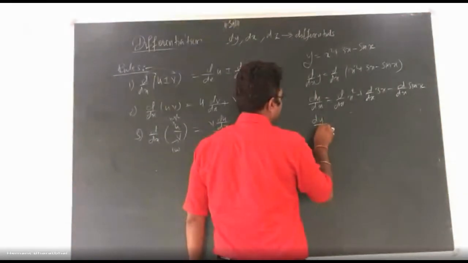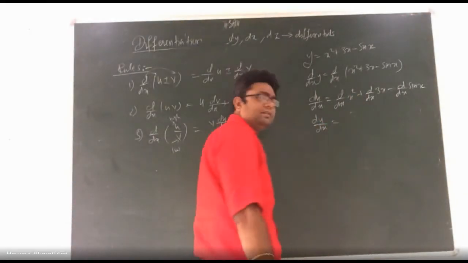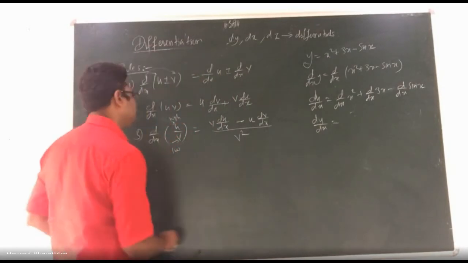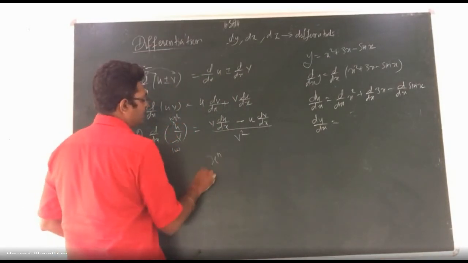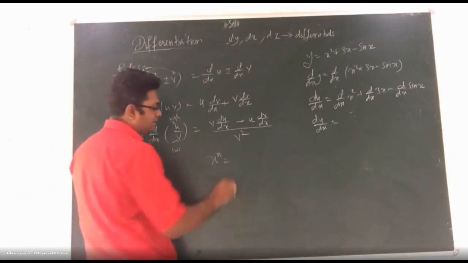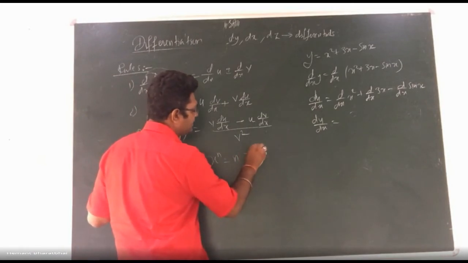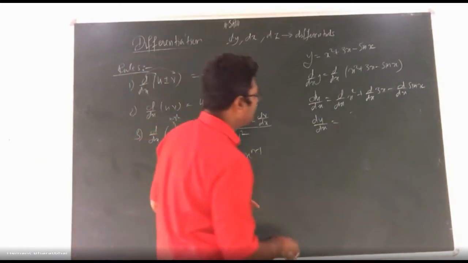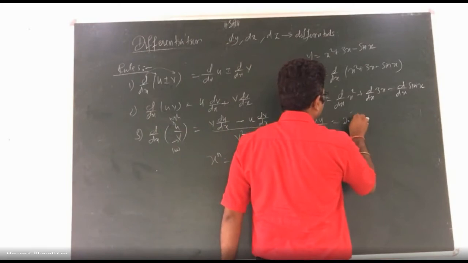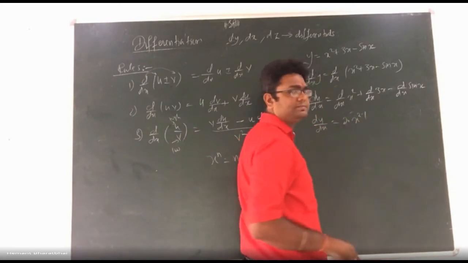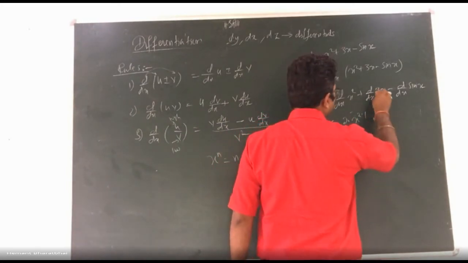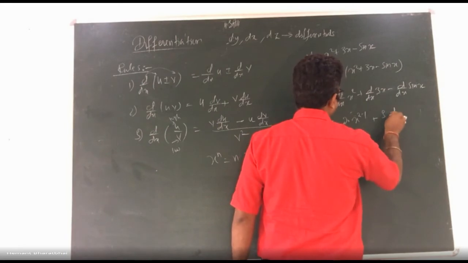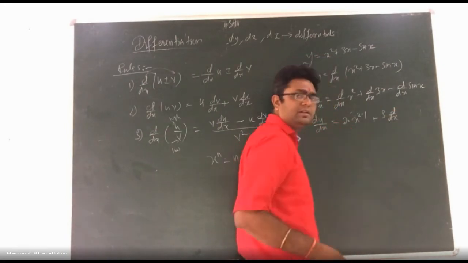Therefore, I'll get dy/dx is equal to the derivative of x squared. So it falls into the formula x raised to n. The derivative of x raised to n is n into x raised to n minus 1. So this will become 2 into x raised to 2 minus 1, plus the constant will always come out of the derivative.